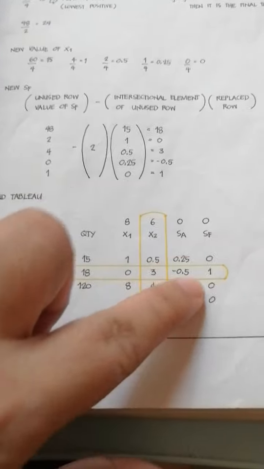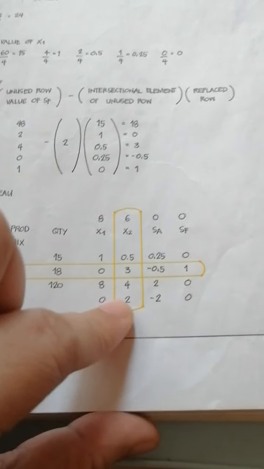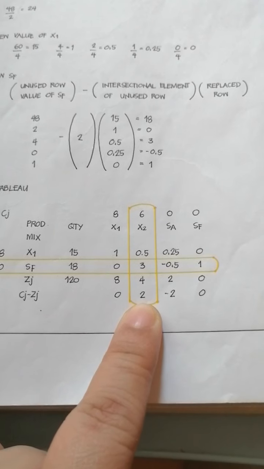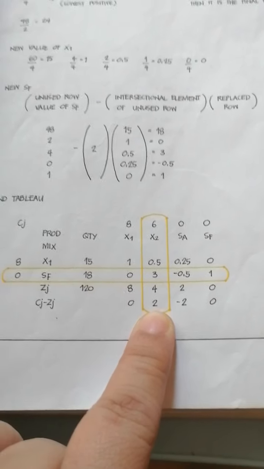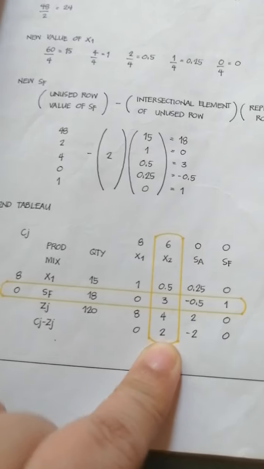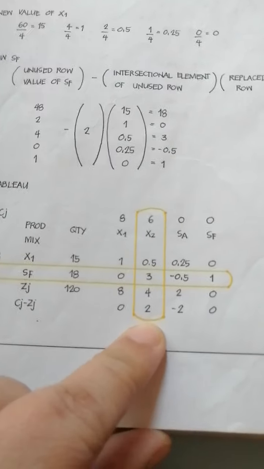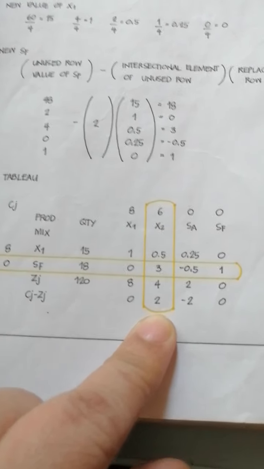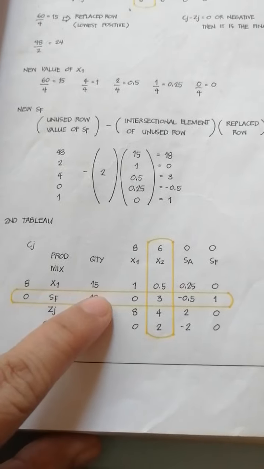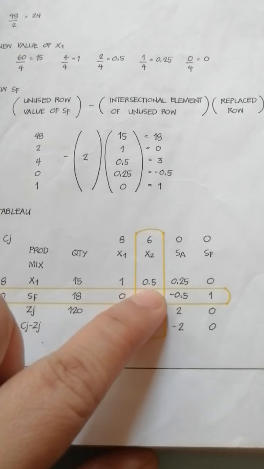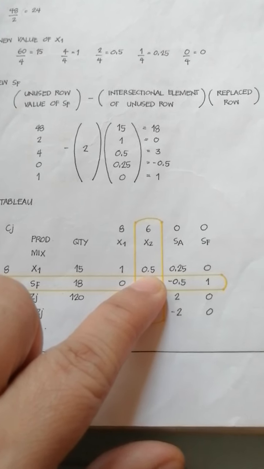Okay, so the same as what you did in the first tableau, you get the optimal column, which is the highest positive CJ minus AJ. So you don't stop unless all the values of CJ minus AJ are negative and 0. In this tableau, we still have 1. And in the same manner as what we did, the quantity should be the numerator, and then the intersectional element will be the denominator.